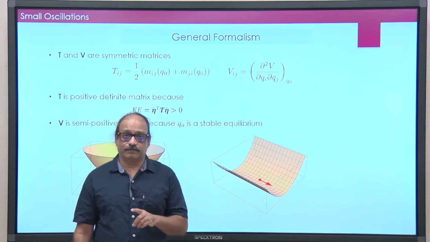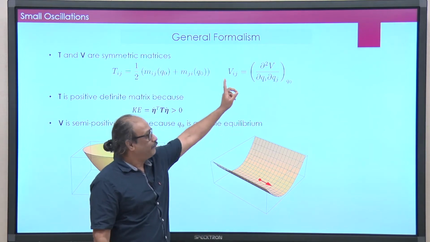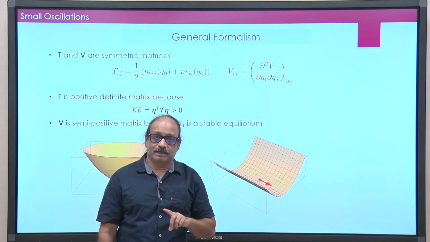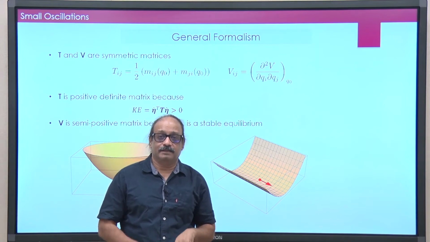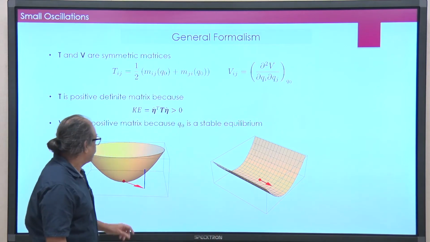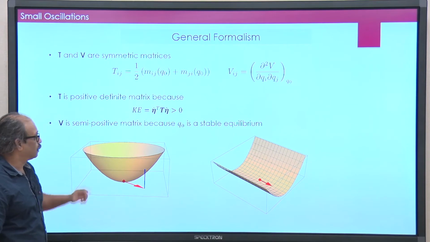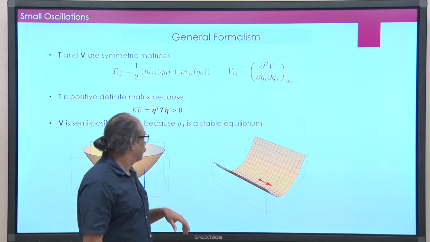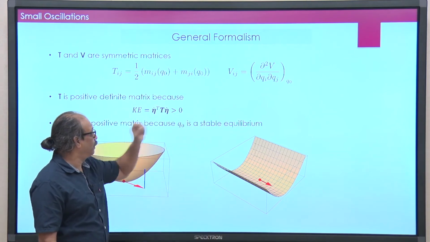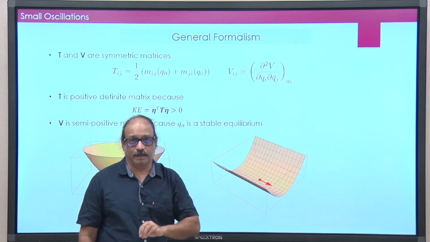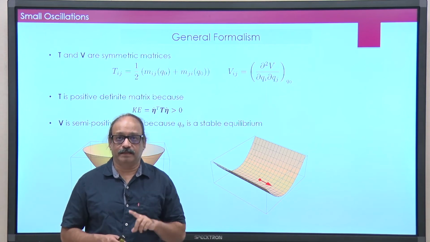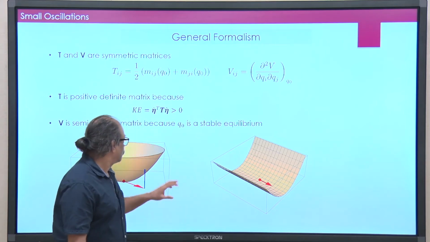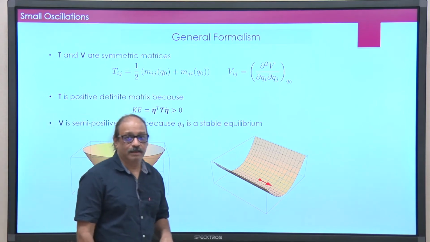So, this is one case where the Vij matrix will not be positive definite, but what you can surely say is it does not become negative. And that is why the word used here is semi positive definite matrix. That means a similar identity for V: eta transpose V eta is greater than or equal to 0 rather than strictly greater than 0. So, that is why it is a semi positive definite matrix.